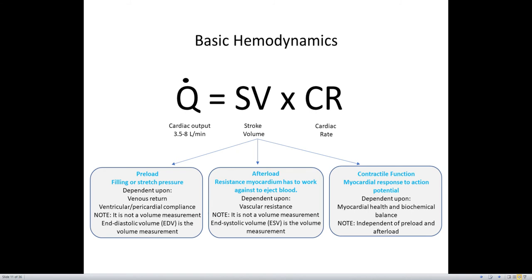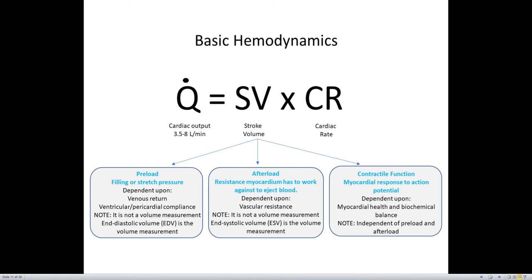End systolic volume, that should be an S and I'll fix that. End systolic volume is a volume measurement, and often afterload and end systolic volume are confused. So keep that in mind. Afterload is a pressure measurement. It's actually measured in dynes, and it's vascular resistance.